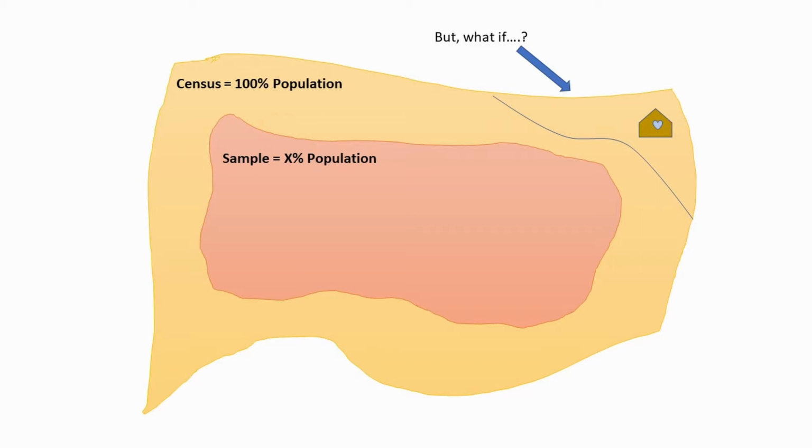Because the people around there have different beliefs or maybe different practices, and I remember beliefs are many times translated into different behavior. And so, whoa, if your sample is not including that corner, then you better be careful, because it's not representative.